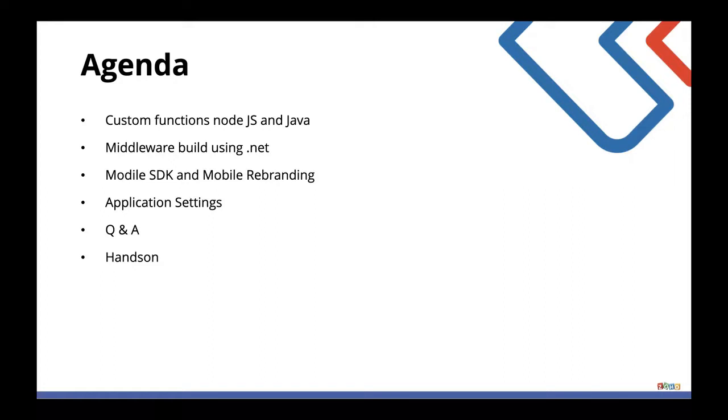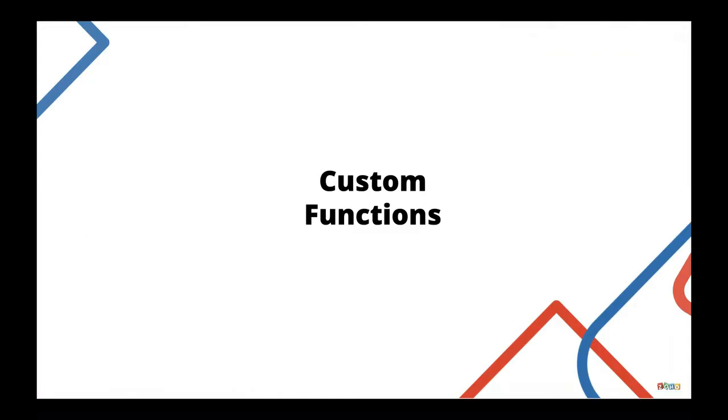We constructed middlewares in 3 different languages, and so today we will be seeing the Python middleware and Java, and both these middlewares are using the V2 API. So it can be used to integrate any application with Creator, as long as it has an endpoint associated. Then we'll be going through the mobile SDK and rebranding. Then we'll be taking a look at the application settings, and we have a Q&A session and a hands-on session after that. Okay, so let us get started.